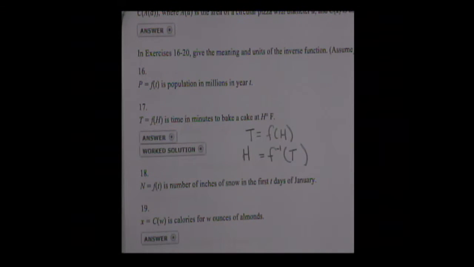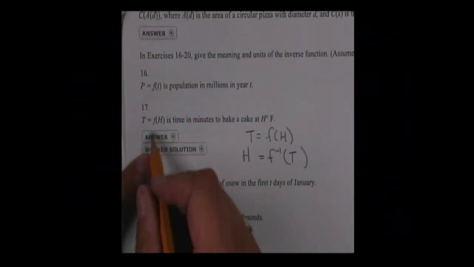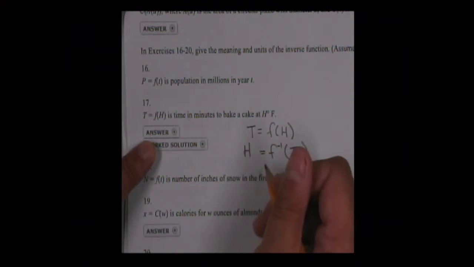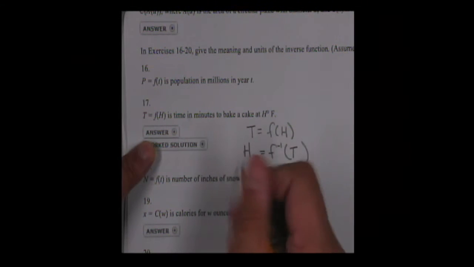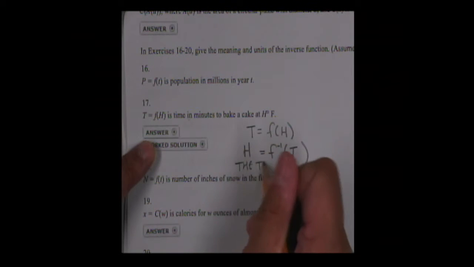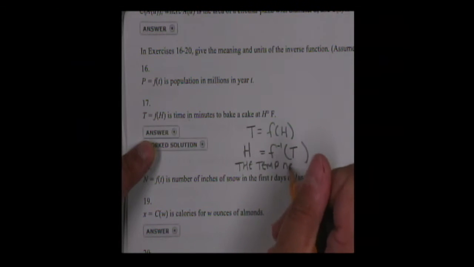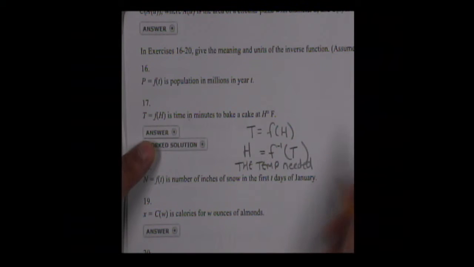And so where the original says that this is the time in minutes to bake a cake at h degrees Fahrenheit, this now is going to say that this is the temperature needed to bake the cake in t minutes.